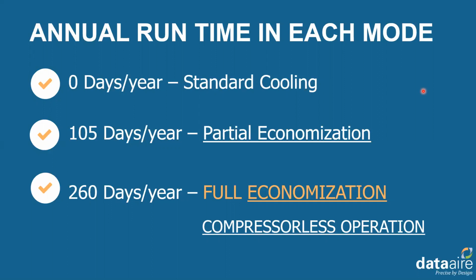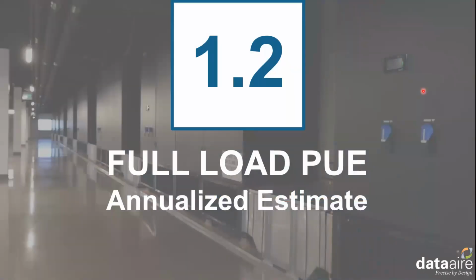So this solution will work well in those hot areas that couldn't even think about using the dry bulb economizer of a pumped refrigerant. It just wouldn't run nearly enough hours to ever pay for itself. So with that, we'll move to the next slide.